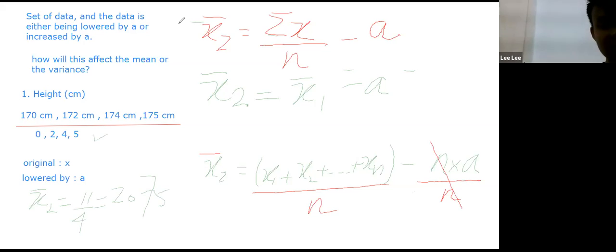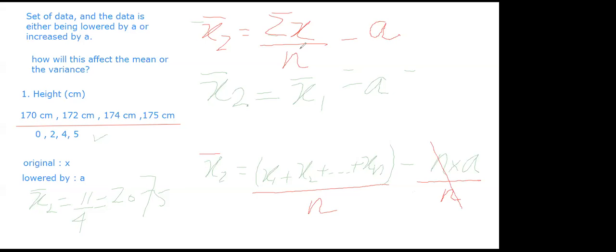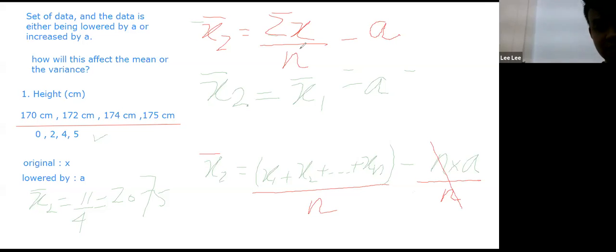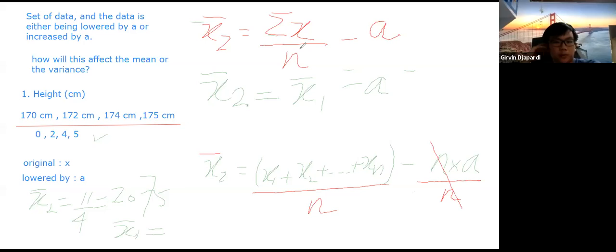So why do you get this 2.75? You get this 2.75 because you have lowered the data by 170, right? So what is your original x bar? 172.75.